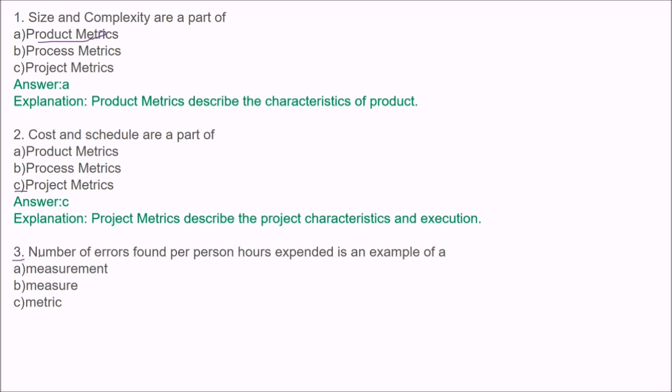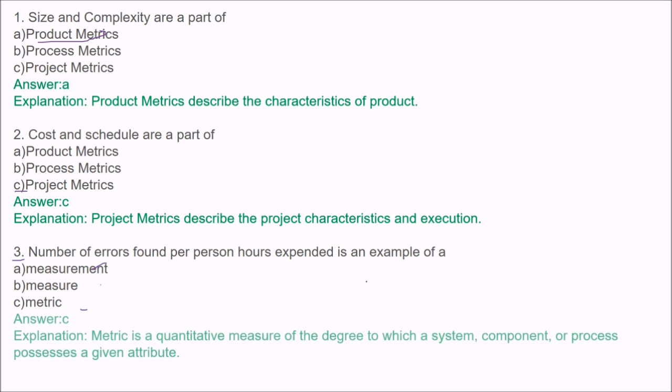Next, third one, the number of errors found per person hours expended is an example of a measure or metric. The answer is metric. A metric is a quantitative measure of the degree to which a system, component, or process possesses a given attribute.